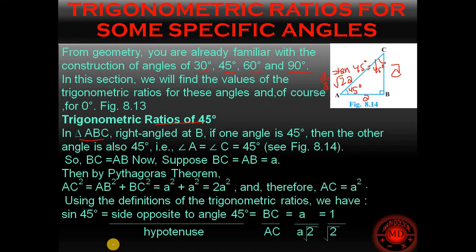Sine of angle 45 degrees is this side, which is A, divided by the hypotenuse, which is under root 2A. So A will cancel out, and we are left with this.